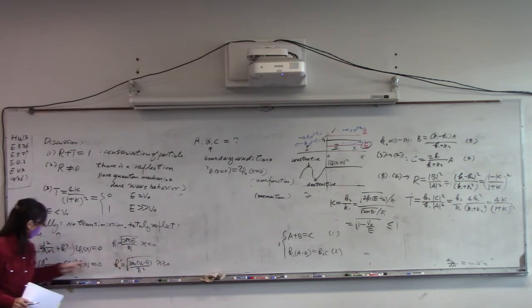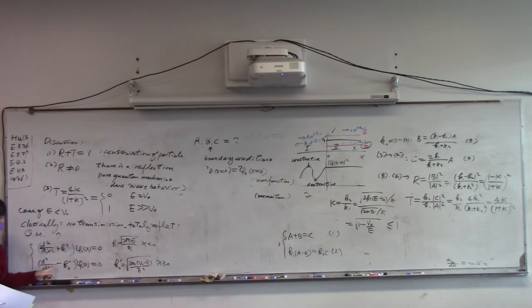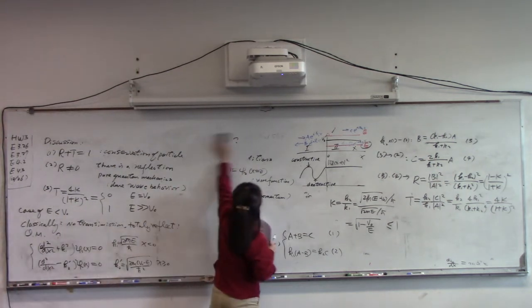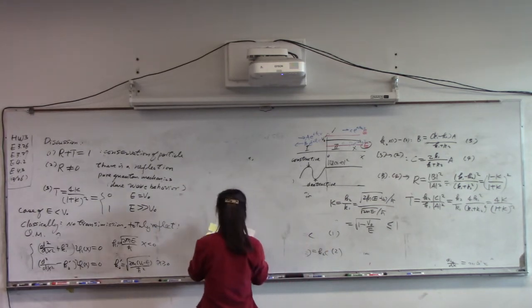Because we have the opposite sign here, then you will see these two solutions are different. This one is still a sinusoidal function, and this one is exponential. So now, let's see the two solutions in the two regions. Mathematically, it's different.